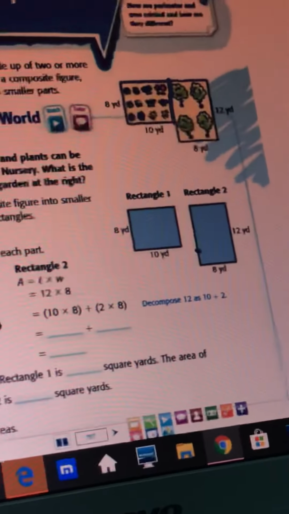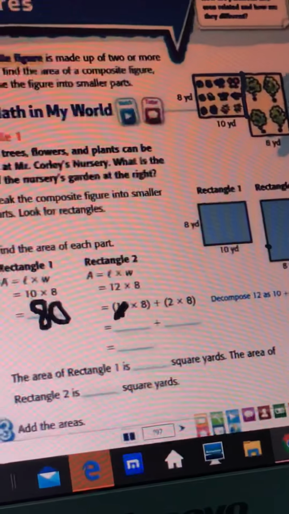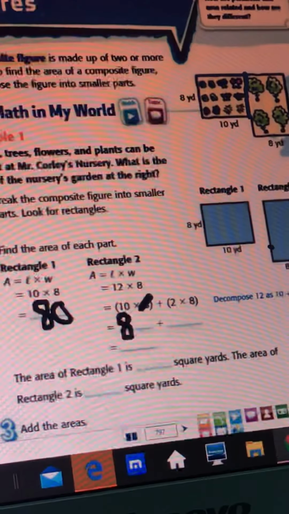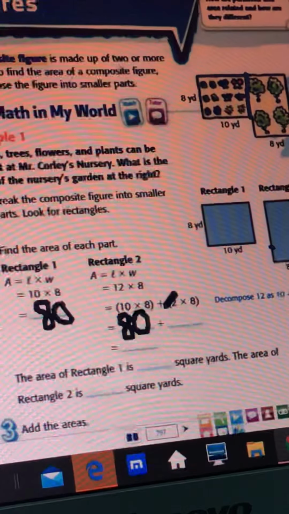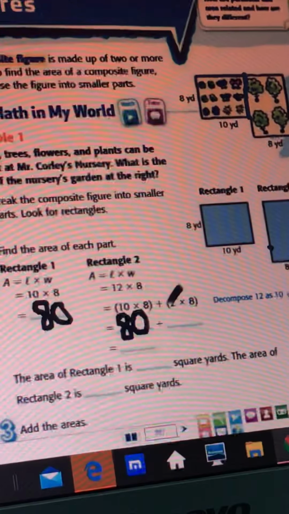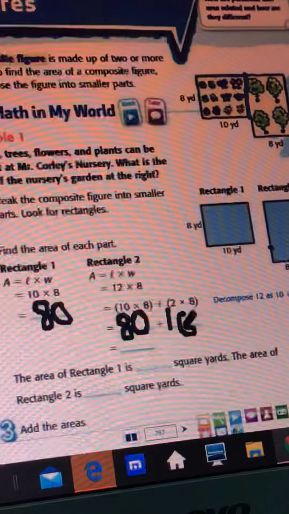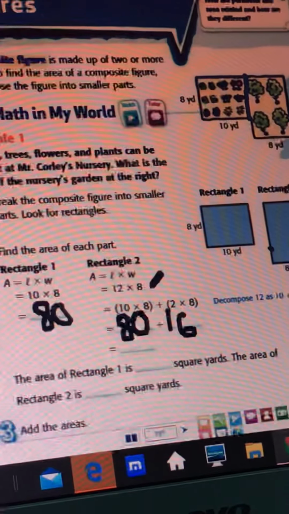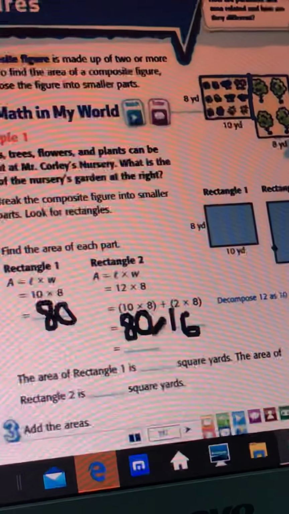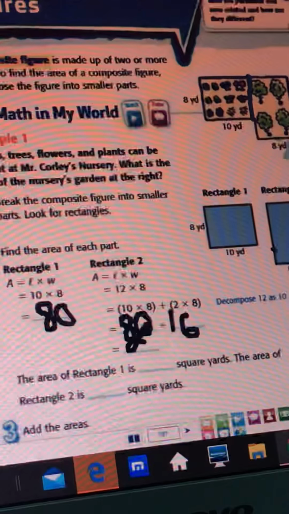That will give us 80. And 2 times 8, that would give us 16. But if you already know, girls, what 12 times 8 is, you can answer right away. So then add 80 plus 16, you'll get 96.